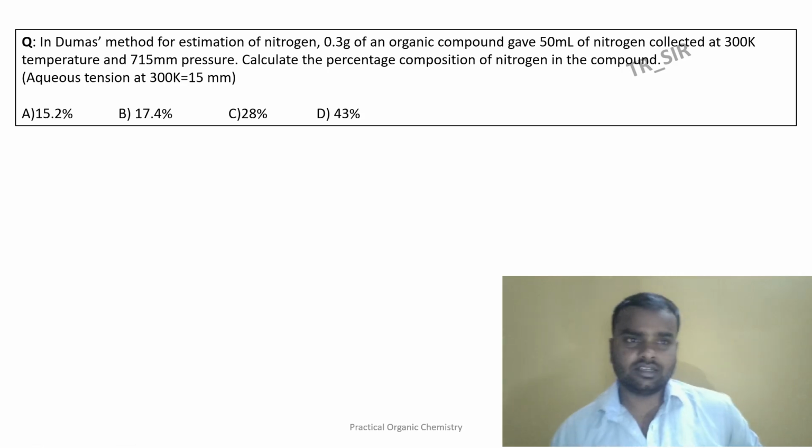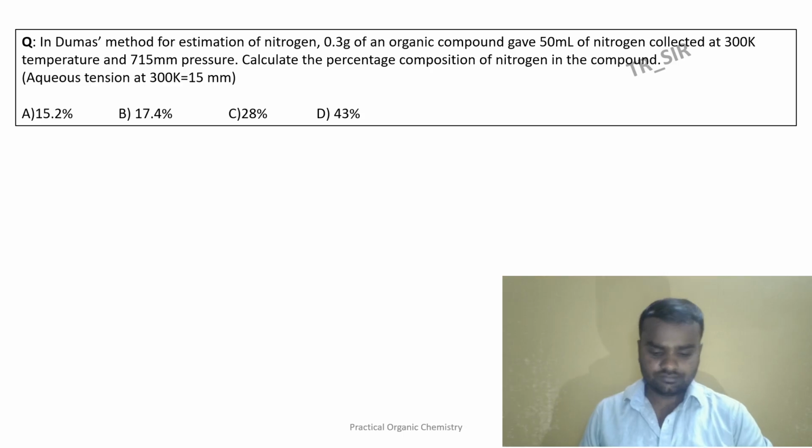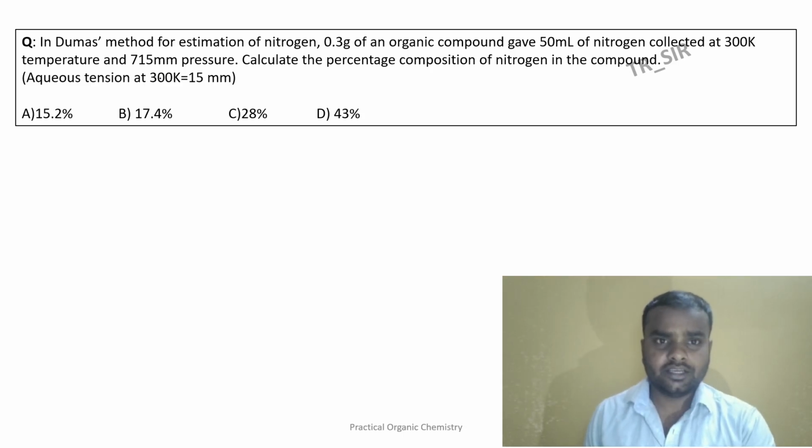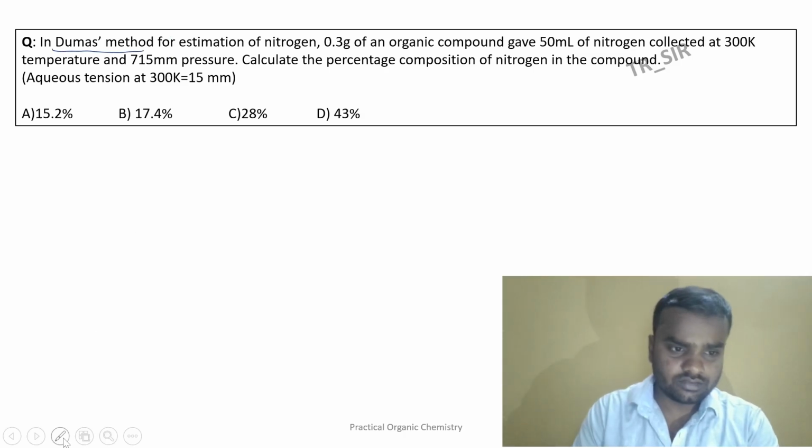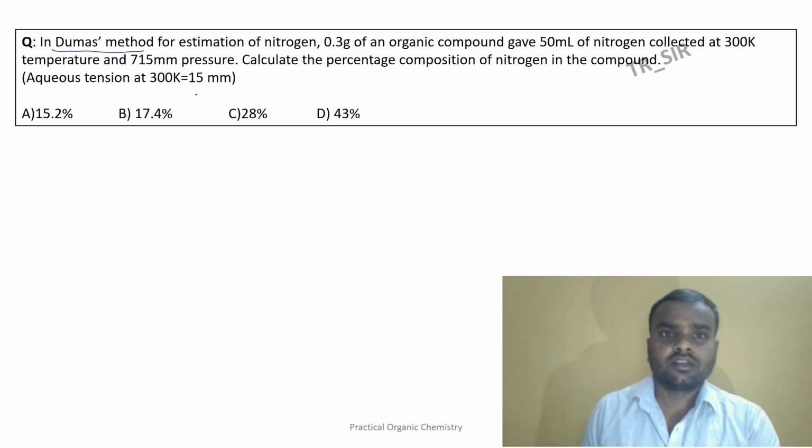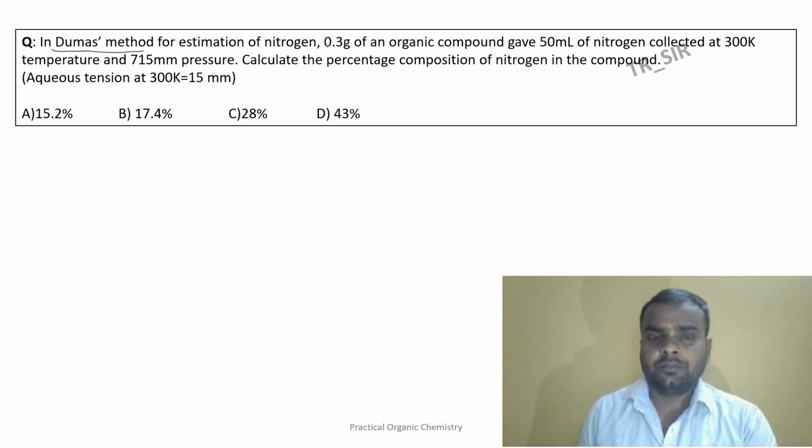Now see the question. What the question was saying is that in the Dumas method, estimation of nitrogen, 0.3 gram of organic compound is given.